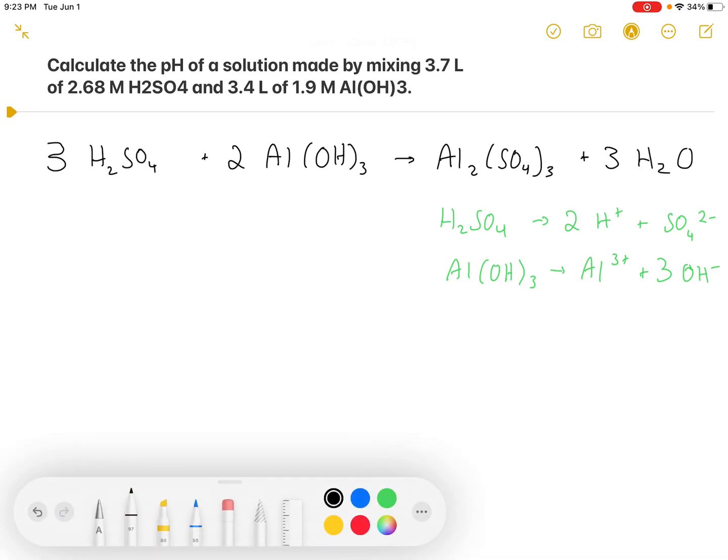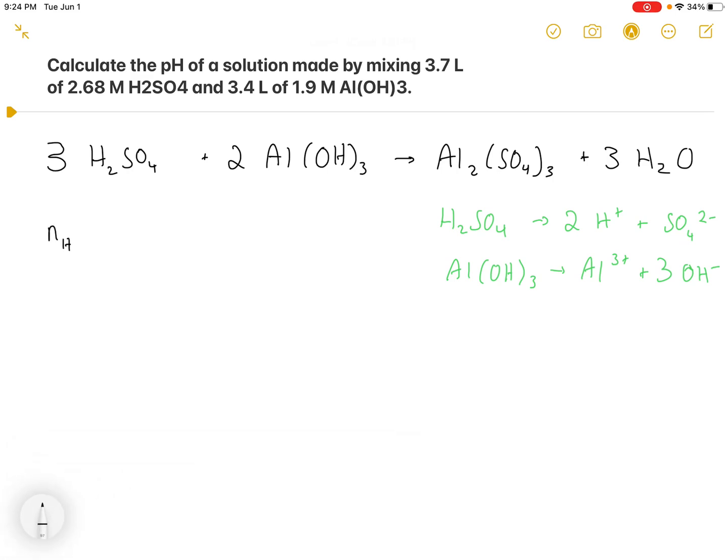Our first step should be to find the moles of sulfuric acid and the moles of aluminum hydroxide. That's going to be concentration times volume, which is 2.68 molars, or moles per liter, times 3.7 liters. When you type that into your calculator, we'll get 9.916 moles.